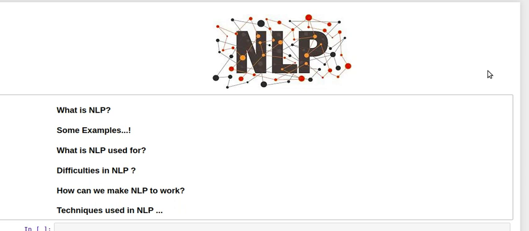Now let us see some basic examples of where NLP is used. Say for example, a human talks to the machine, which captures the audio to text conversion, processing of text data, text to audio conversion, and some similar examples like the machine responding to the human by playing the audio file. Now, what is NLP used for?